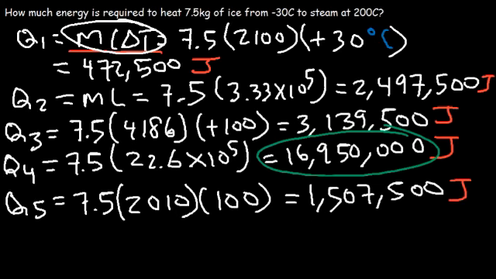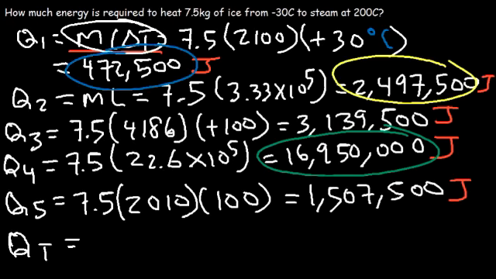So now we can calculate the total energy, which is the sum of Q1, 2, 3, 4, and 5. So let's add these 5 numbers.